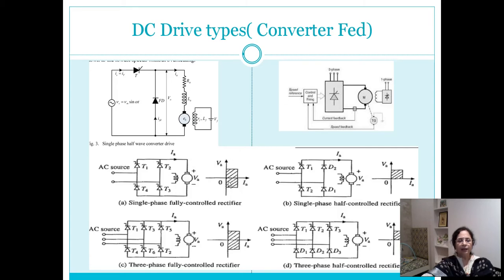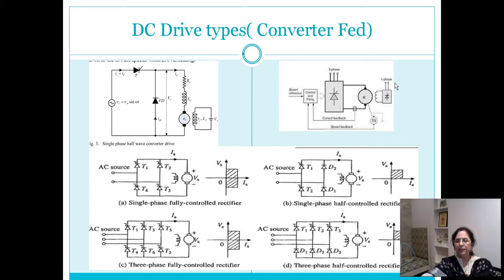Other converters which are used are the single phase fully controlled rectifier, single phase half controlled rectifier, and three phase configurations. This is a general block diagram which shows a rectifier symbol. It could be a single phase or three phase rectifier which is controlling the armature voltage of the separately excited DC motor, and the field circuit is separately excited.